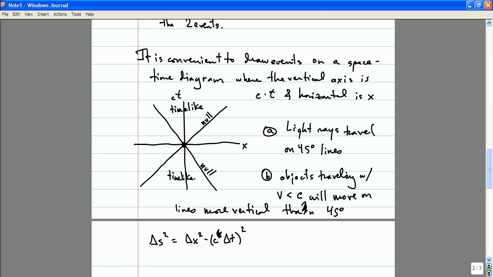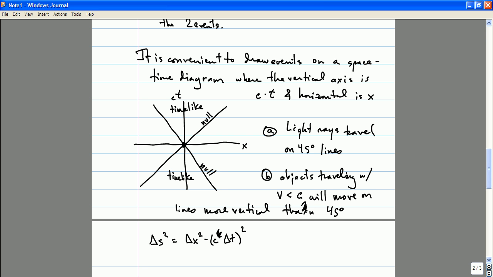So if we have one event at the origin, and the other event is time-like separated from this first event, then it must lie either in that upper quadrant or the lower quadrant that I have labeled time-like.